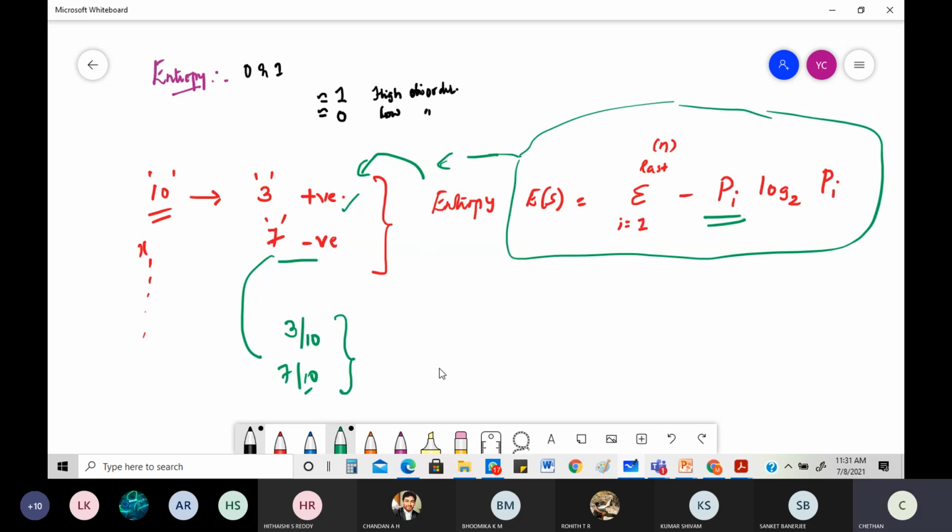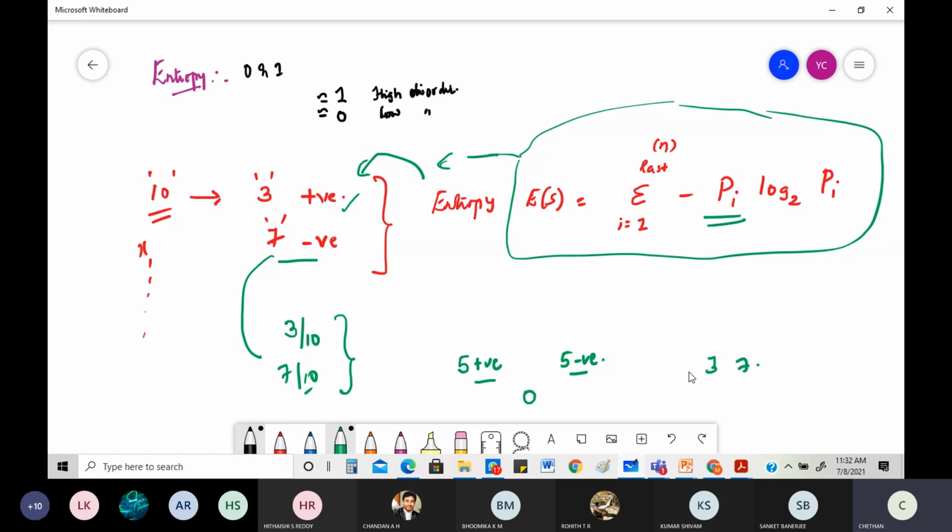I think the entropy value will be higher. Why? If it were 5 positive and 5 negative, the disorder would be very low, since you have almost equal values. But here we have a split of 30-70.